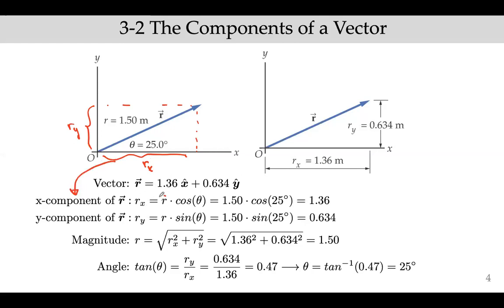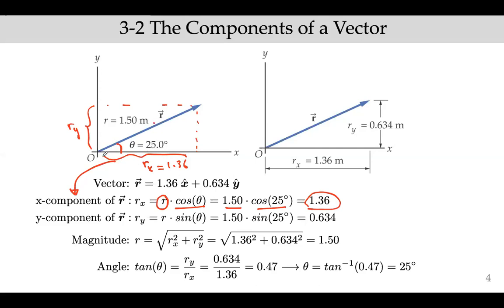How do you find it? Well, you multiply the magnitude of the vector, not the vector itself, but the magnitude, which is a number, with cosine theta. So cosine of this angle. It's going to be 1.5 times cosine 25, and it will give you 1.36. So this is 1.36. Remember, this is the hypotenuse.